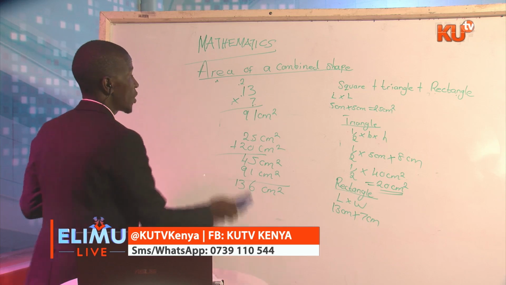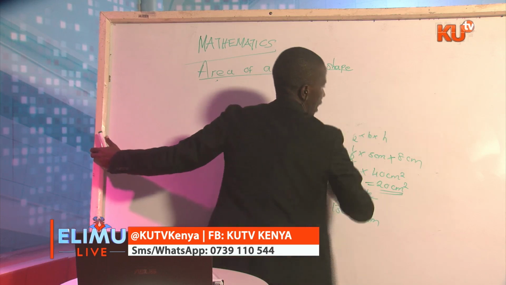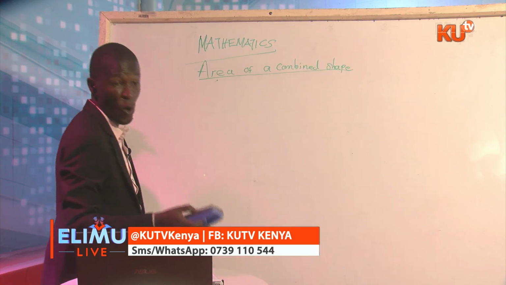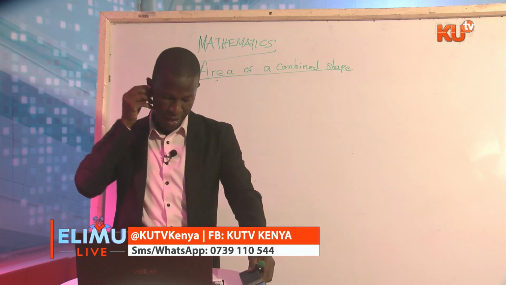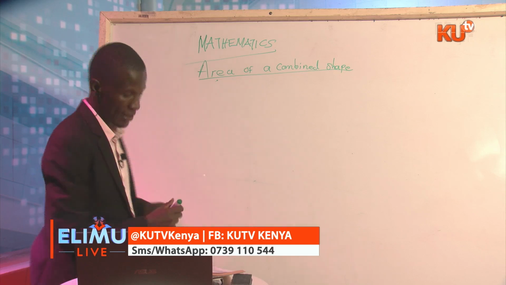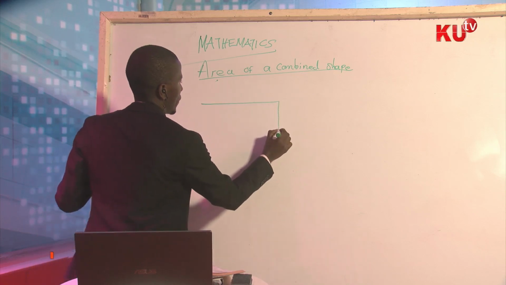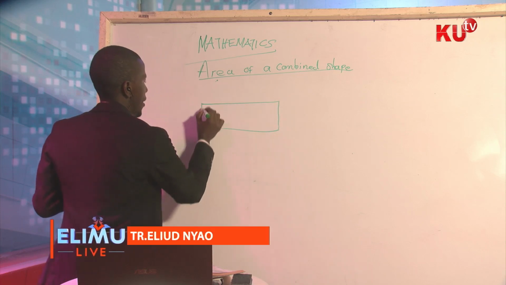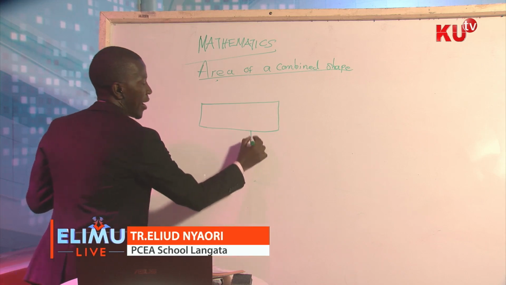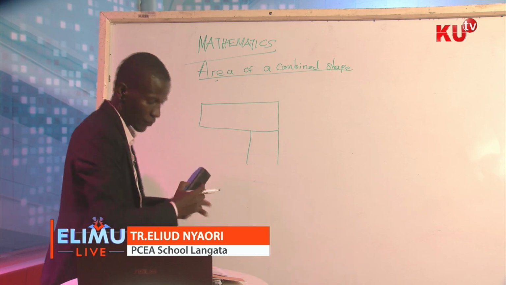Lastly, learners, I want to look at the last example. Then now you can do practice on your own at home when you are free. I have another example here for us. This is a rectangle. Down here I have a square.